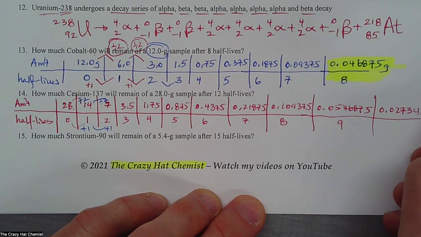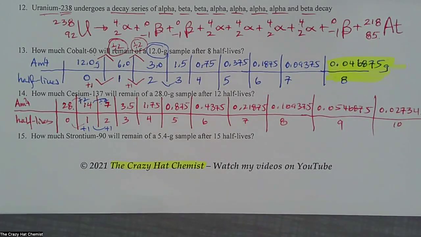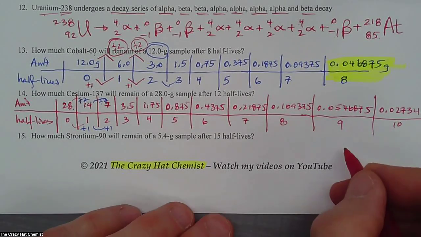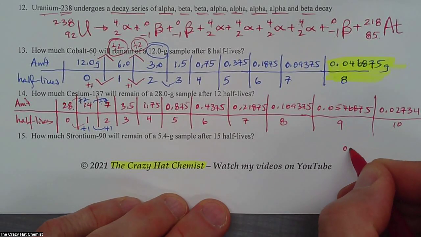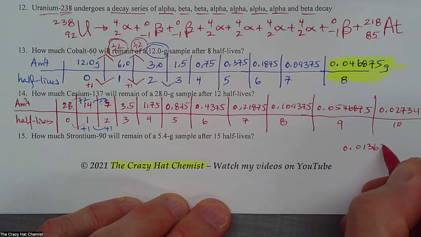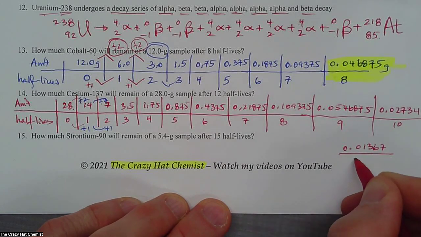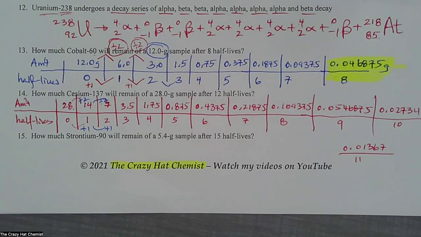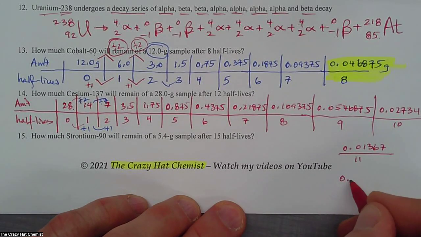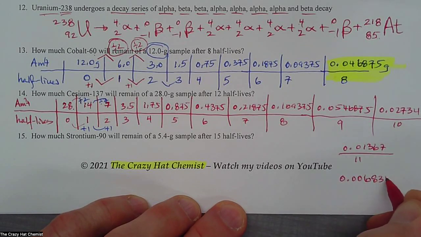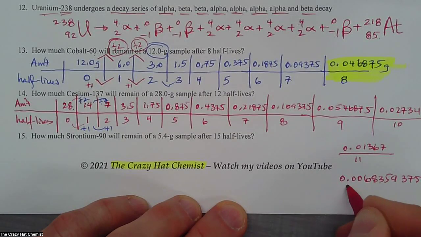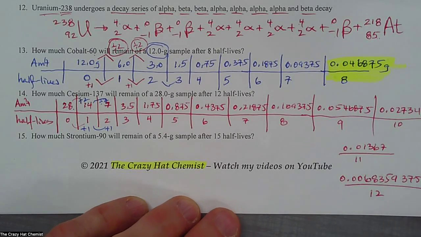There are more numbers here, and that's 10 half-lives. 0.01367, and that is 11 half-lives. We have one more half-life to do, and that will be 0.00683597375, and that is 12 half-lives.